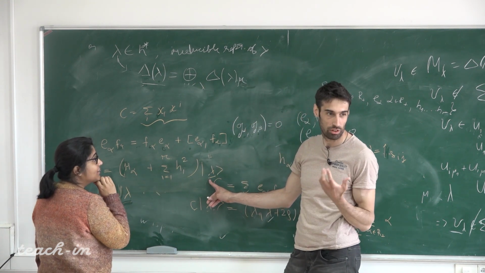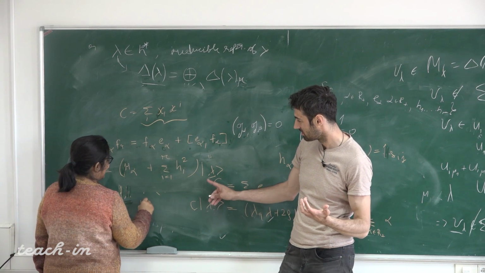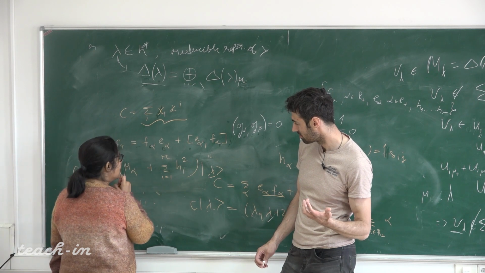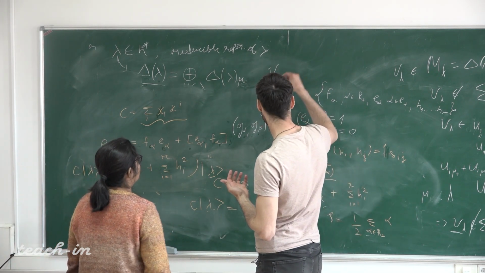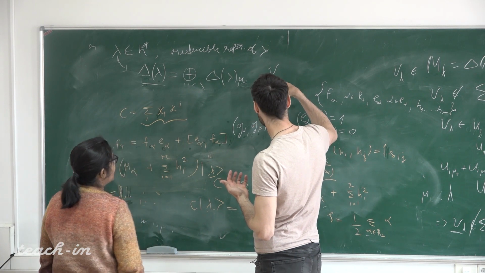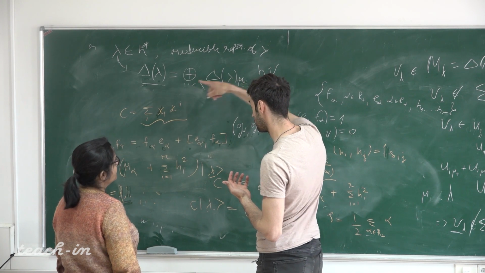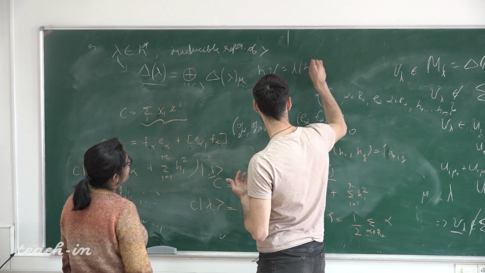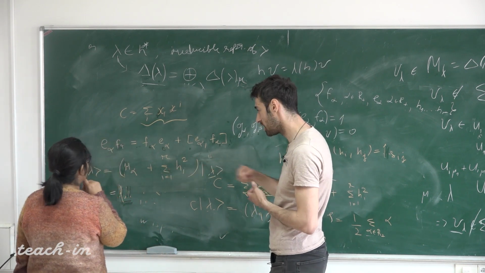What's the definition of being a weight? If my V is a weight vector of weight lambda, it means that for any H from the Cartan subalgebra, H v is lambda of H times v. So this is just the definition. So this should be lambda of H_alpha.